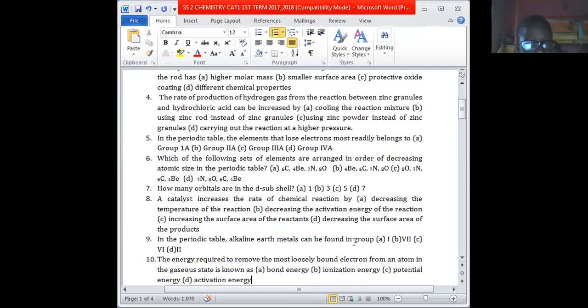In the periodic table, the element that loses electron most readily belongs to group what? A. Correct. Okay, number 6.